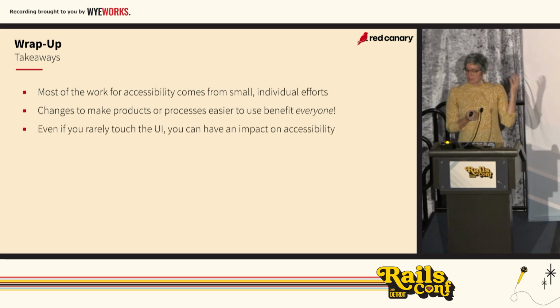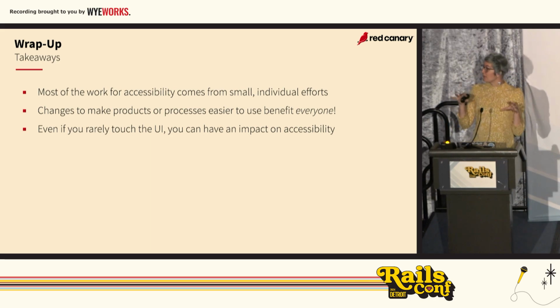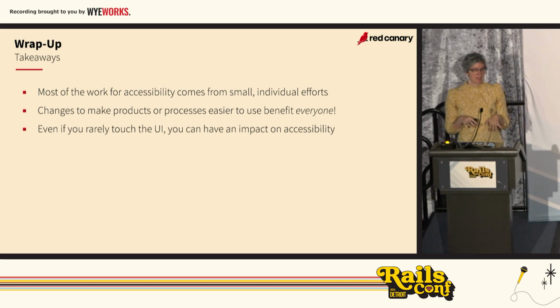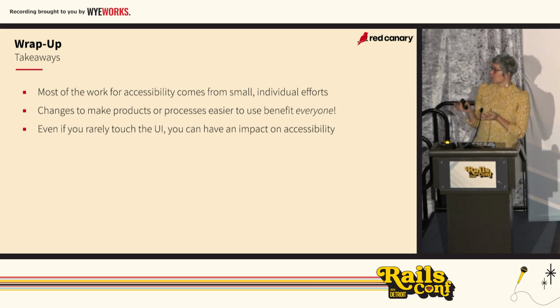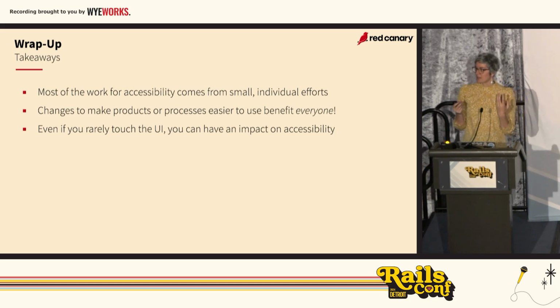And even if you're rarely touching the UI, the user interface, the front-end code, there's still a lot of things that you can do to have an impact on accessibility, not just for external users, but especially for your colleagues and your coworkers. And a lot of disabilities are invisible, right? Especially if we're working remotely. So one of my coworkers has hearing aids.